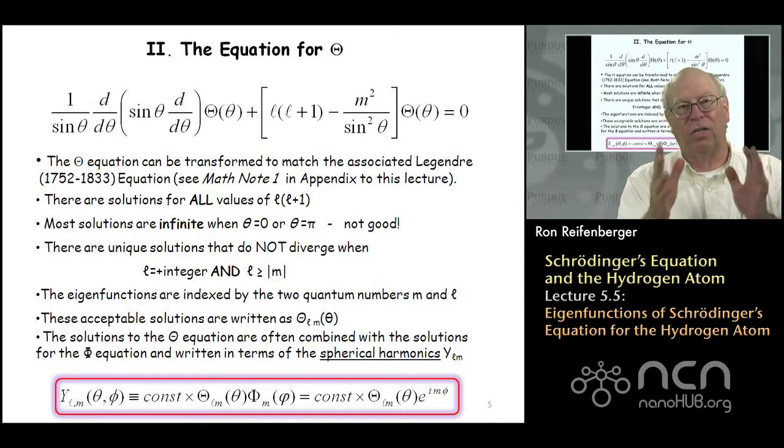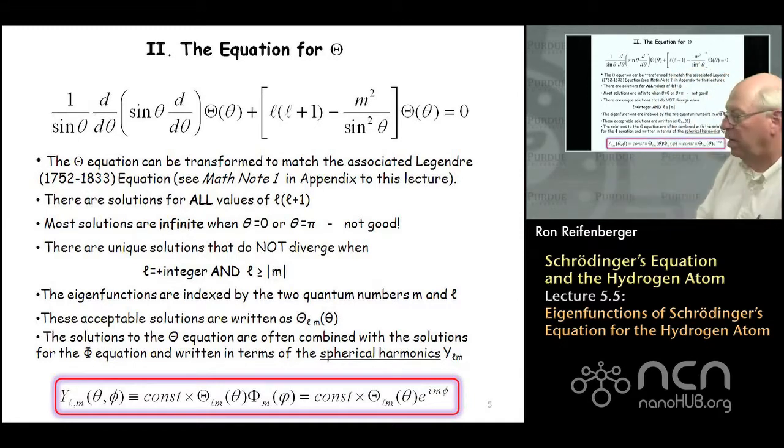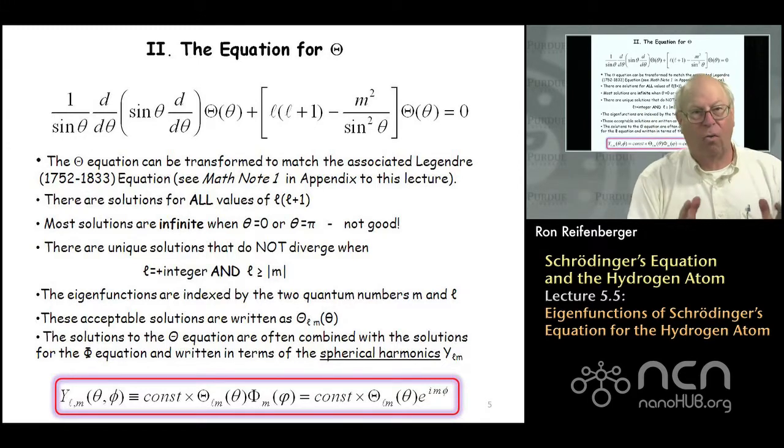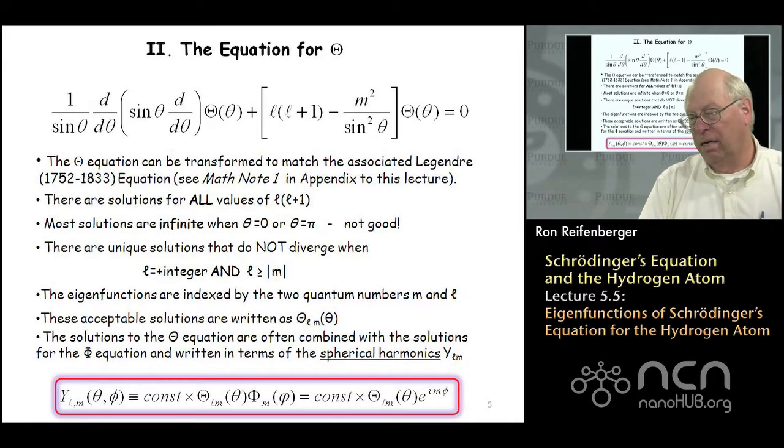So it's this condition that allows us to impose integer values on script L. And these integer values are going to be related to quantum numbers that describe the electron state.